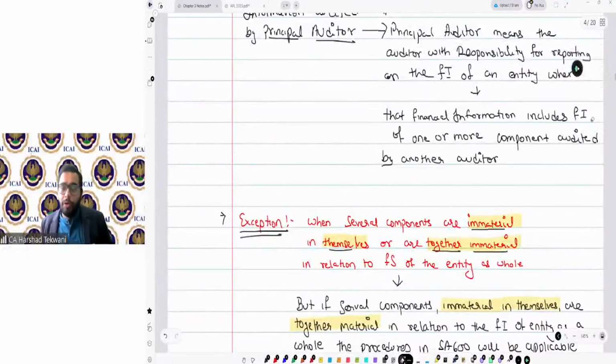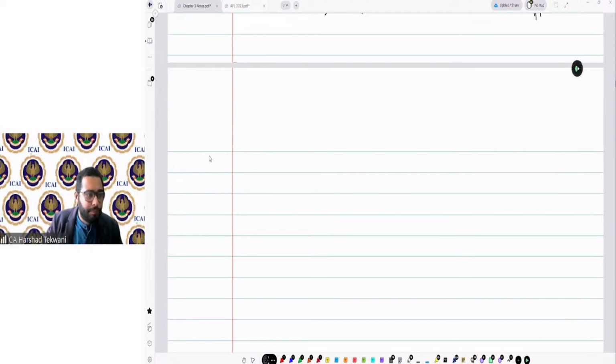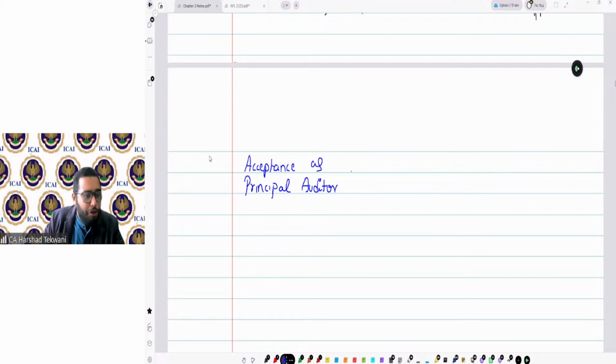See, for that purpose itself, there is a requirement in the standard. Before acceptance as a principal auditor, the principal auditor needs to look into and consider the following.